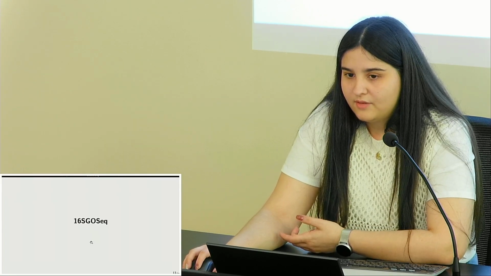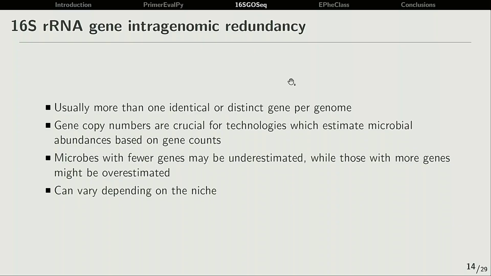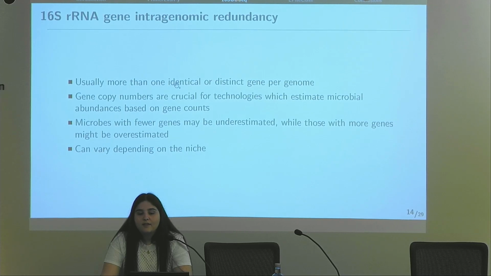Then we move on to the second objective, which is the creation of the 16S GeoSec database. To explain this, we need to explain a little bit more the concept of intragenomic redundancy. Intragenomic redundancy is a characteristic of the 16S RNA gene, that is, we can have more than one identical or distinct gene per genome.